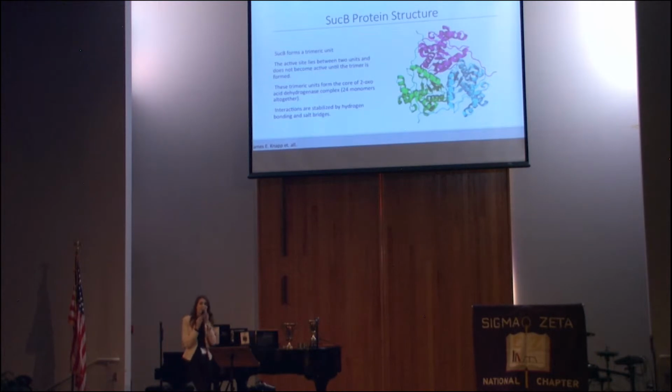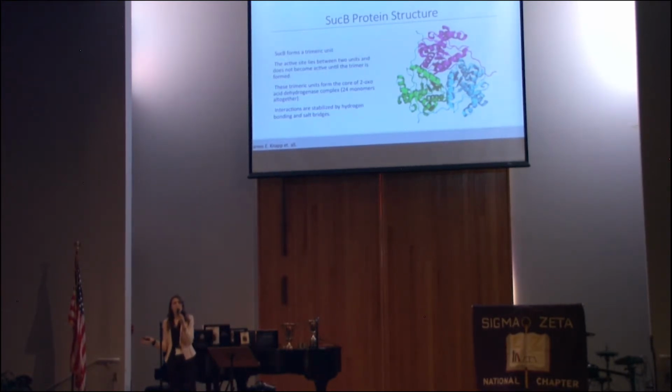Another interesting thing is that, like I said, there are 24 Suc-B that form this overall multi-enzyme complex. But Suc-B forms a trimeric unit. This means that one monomer binds with 2 others, and that's when it becomes biologically active.